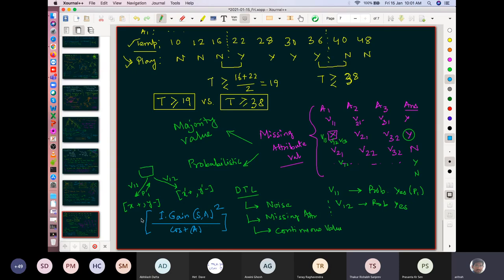Sir, can decision tree be used for regression problems? See, regression problems mean you want to predict a value. If you could model your regression problem, instead of a value prediction, as a range kind of prediction, then you can model it the same as a classification problem. Let's say, what will be the rainfall tomorrow?